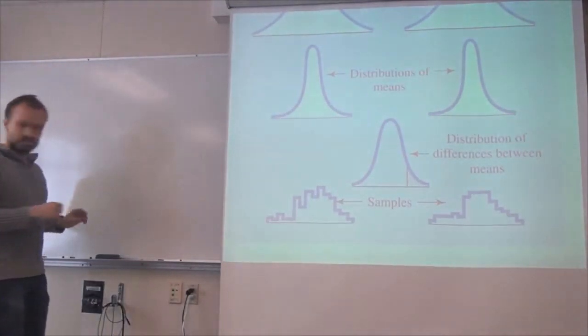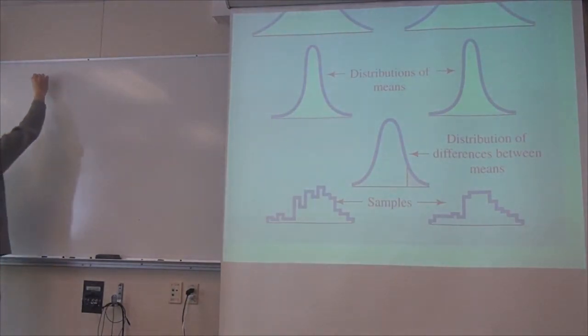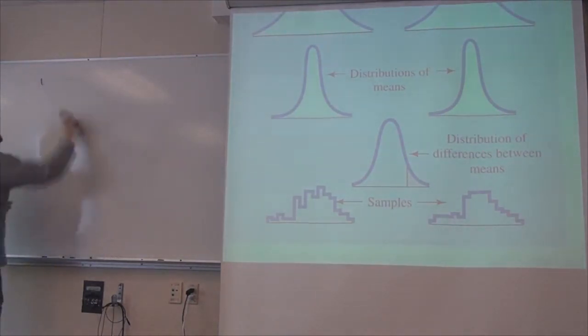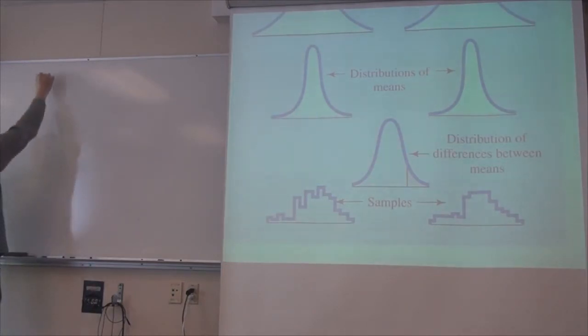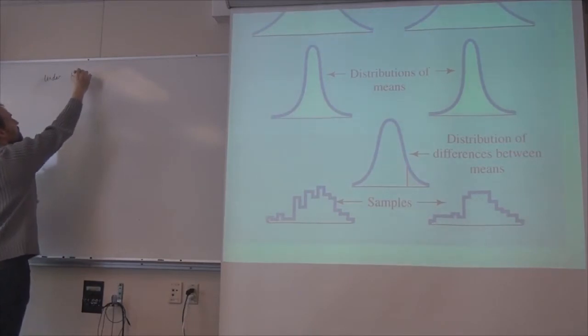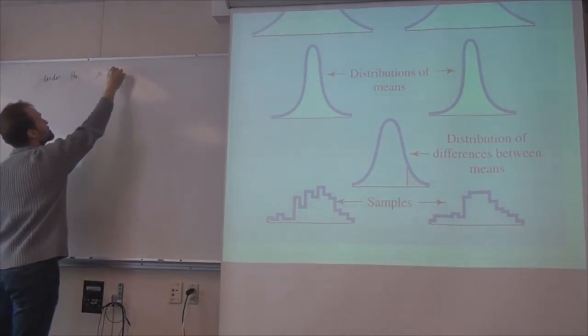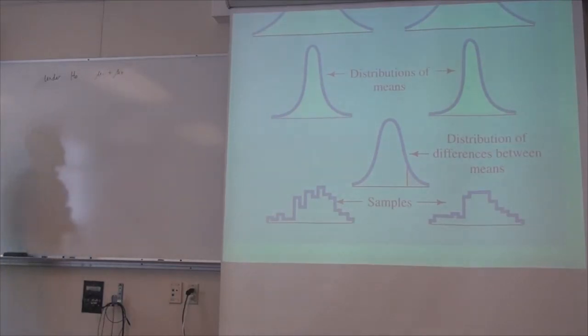So under the null hypothesis, let's say it like this. Under H0, my population mean for 1 is the same as the population mean of 2.